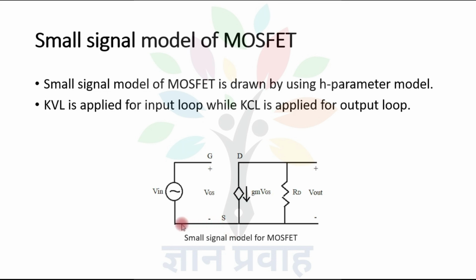The AC input signal is applied between the gate and source terminals, and VGS is the input voltage for the MOSFET device. So that is the small signal model for the MOSFET device, and the same type of small signal model can be drawn for depletion type MOSFET and JFET using the same approach.